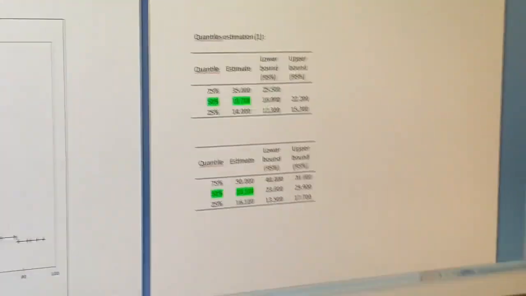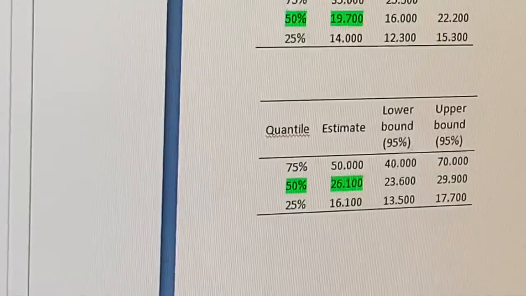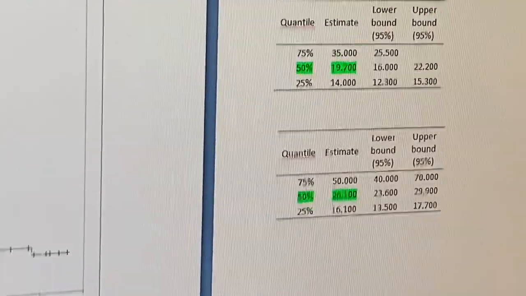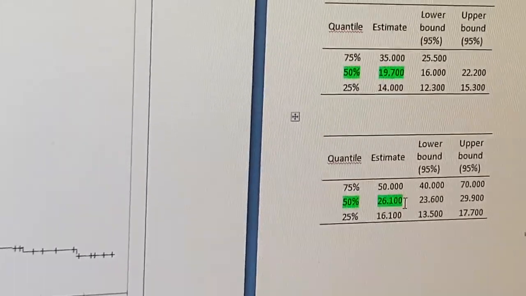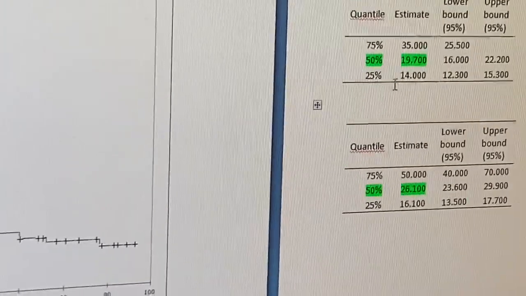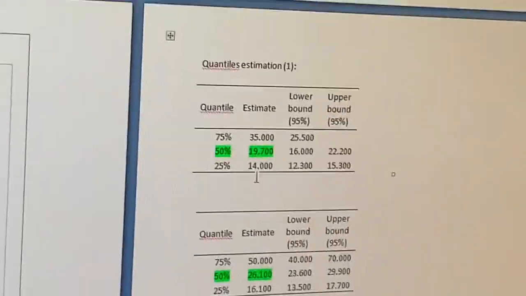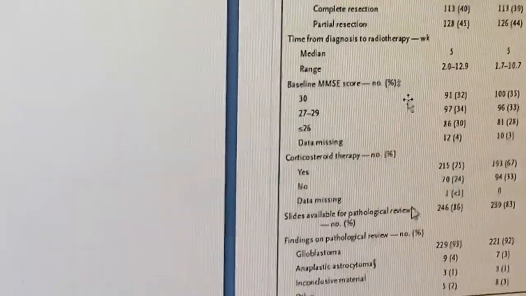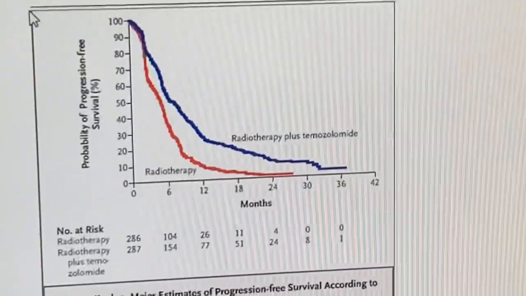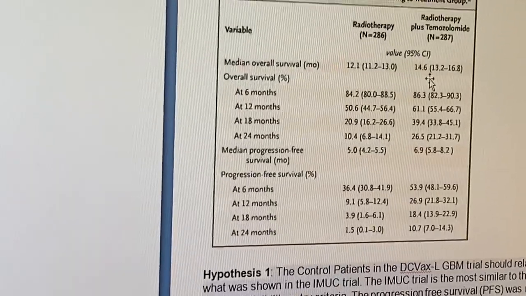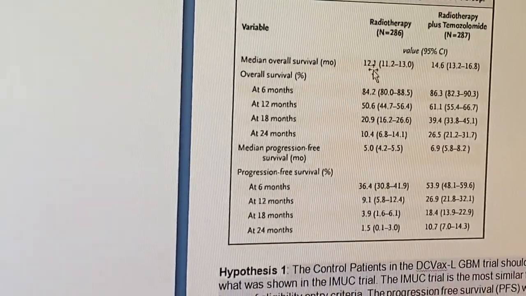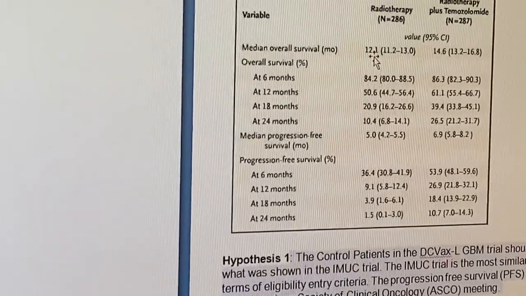The key part of this, however, is right here, and one can see the median survivals: 19.7 in the control, 26.1 in the experimental. This was highly statistically significant. I just want to remind you all that when we first started this little series, we looked at the STOOP data. For overall survival, the STOOP data had a difference of 12.1 to 14.6, a difference of 2.5 months.